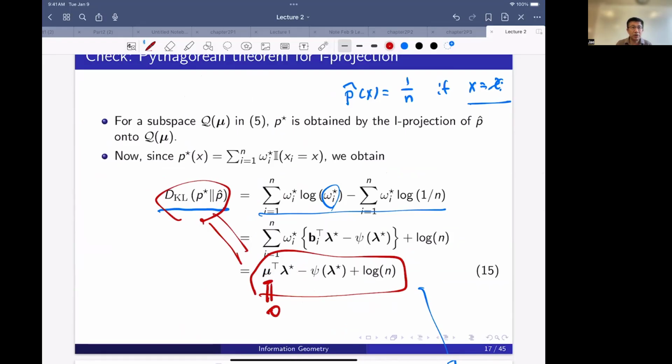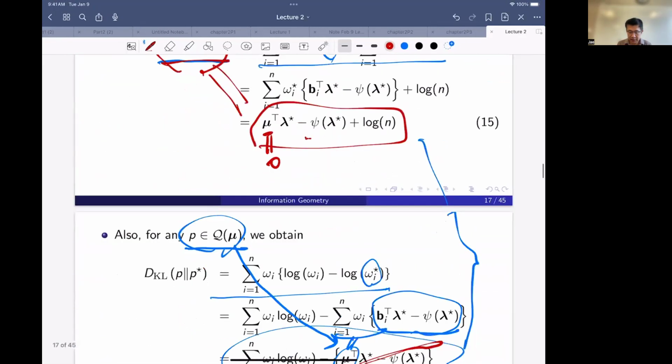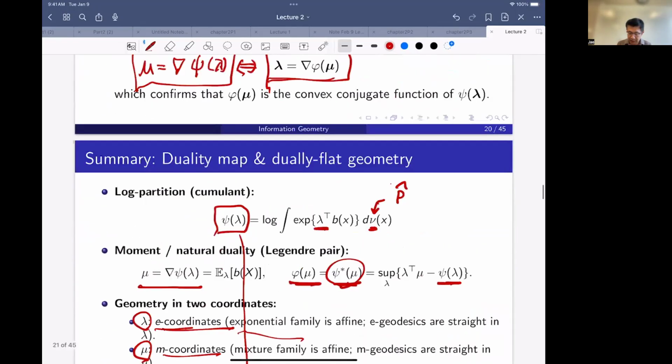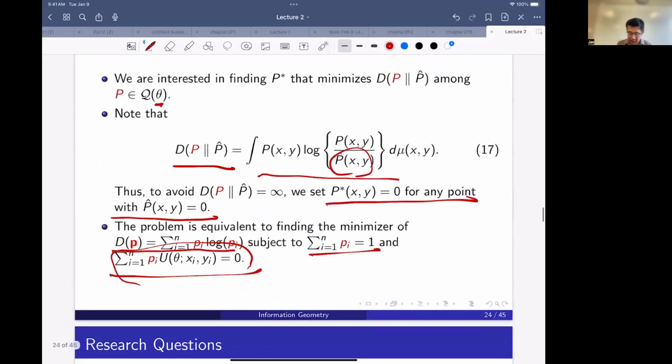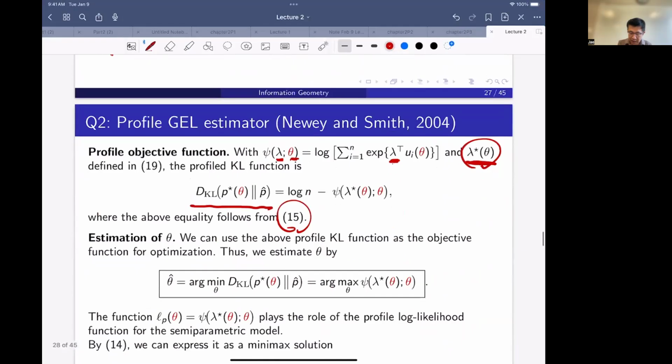So then the Kullback-Leibler is just log n minus psi. And then lambda, because we already profiled, is now a function of theta only.